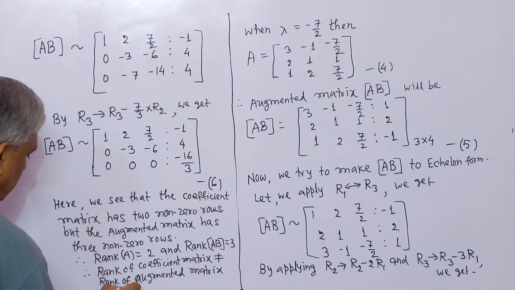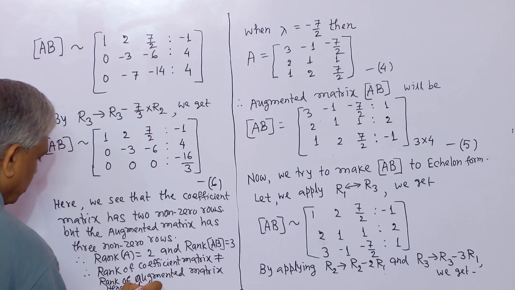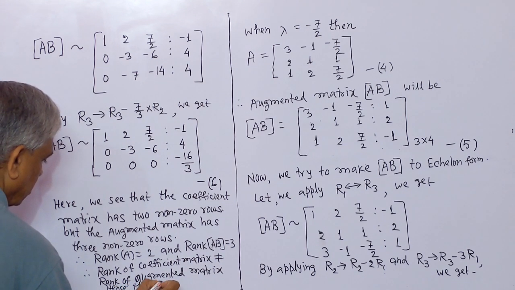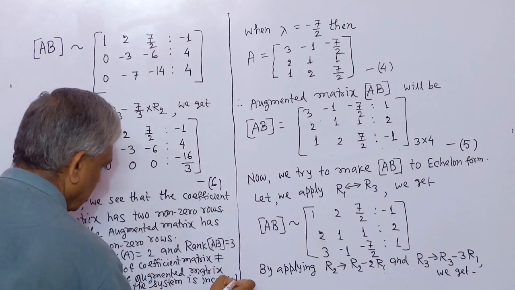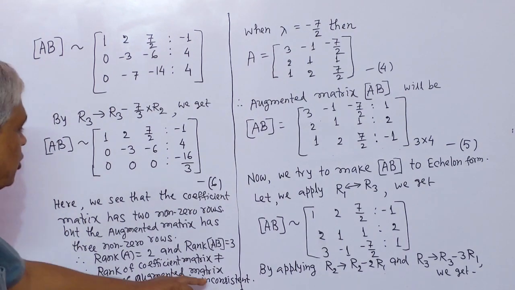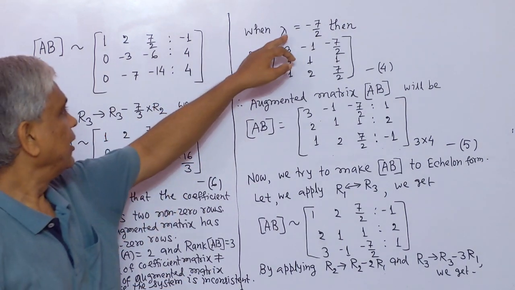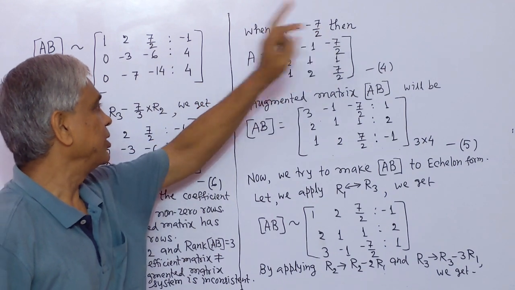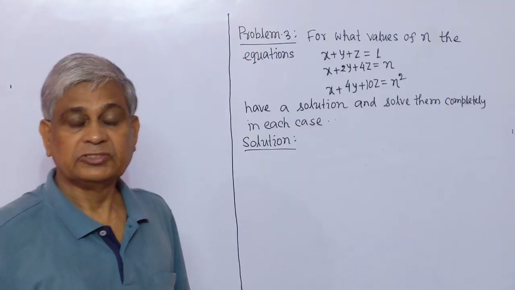Hence, the system of equations is inconsistent. That means we cannot get the solution for lambda equal to minus 7 by 2. So our problem is solved.